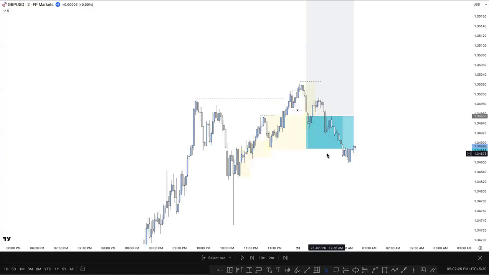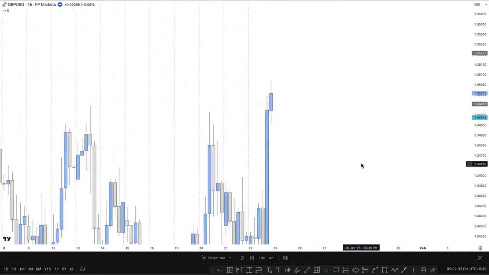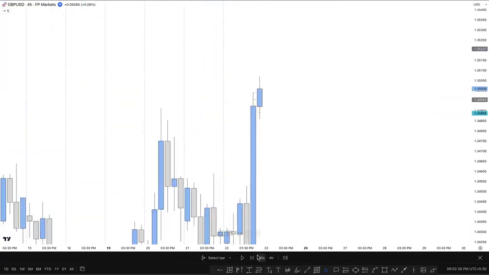Now let's go back to the 4-hour time frame to see exactly what is happening here and what we can expect after this one. We can see that market continues going higher high, and that means market momentum is bullish here.